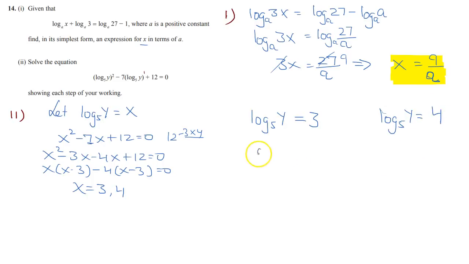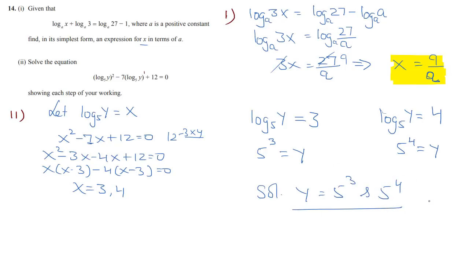So this means 5 to the power 3 is equal to y, and this means 5 to the power 4 is equal to y. So the solution is y is equal to 5 to the power 3 and 5 to the power 4. You can write the solution as it is.